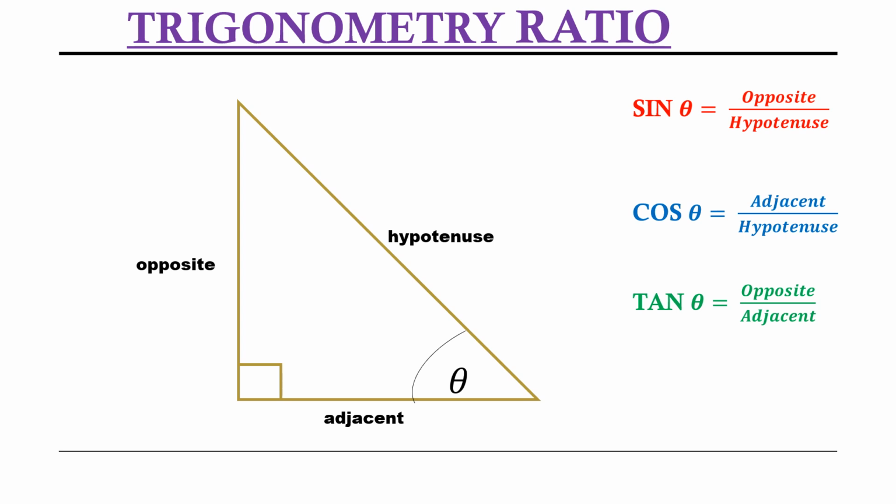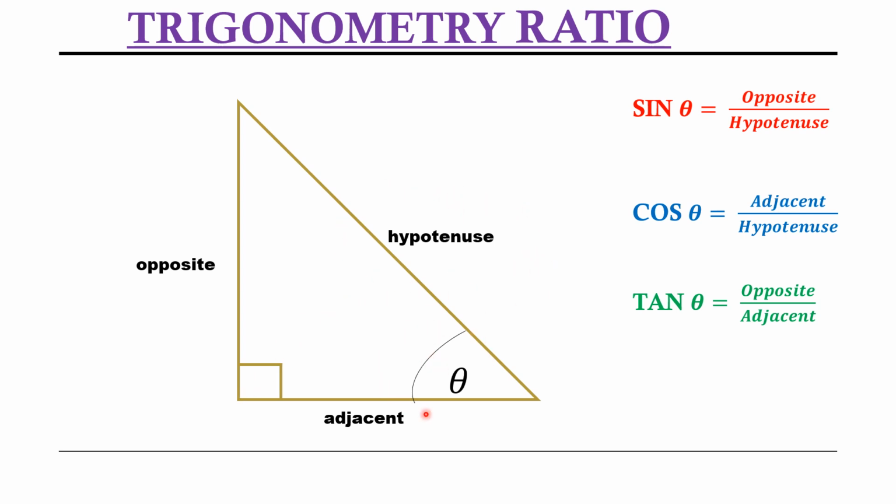And let's remind ourselves about the trigonometry ratio or trig ratio. Again, right angle triangle. And we also need to know how to label a right angle triangle. So we have the right angle, and the easiest one is that the side of the triangle that is opposite the right angle is called the hypotenuse.